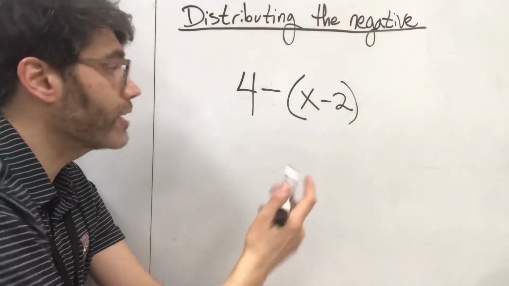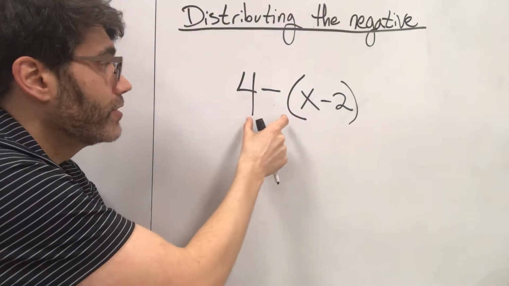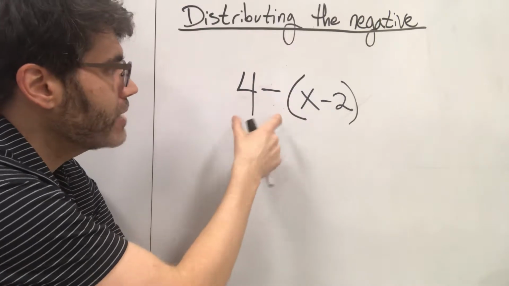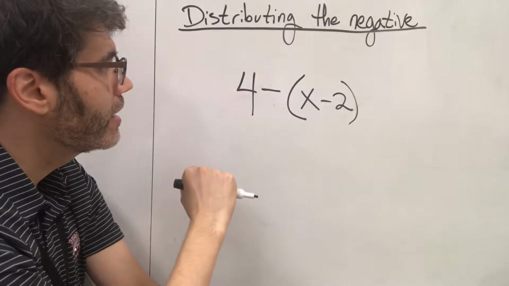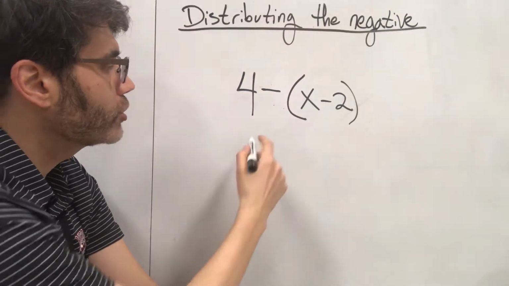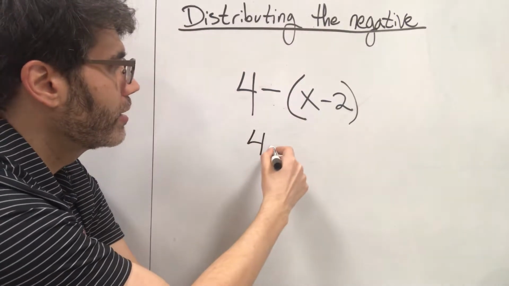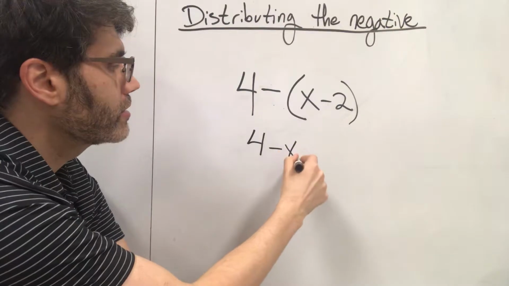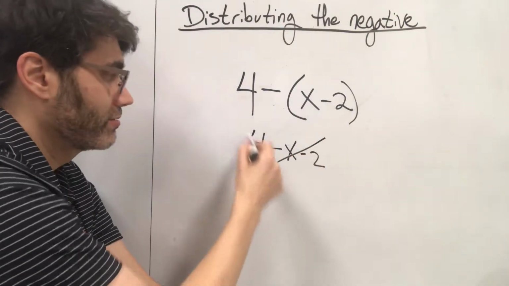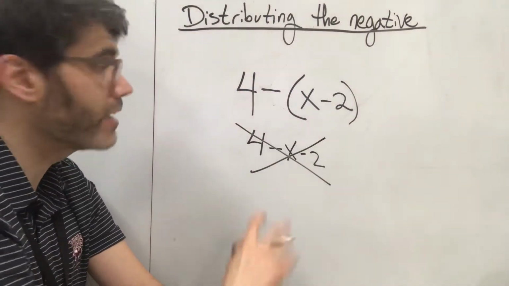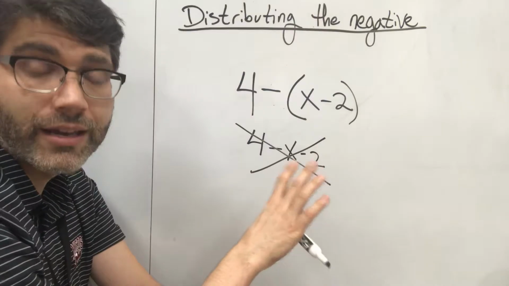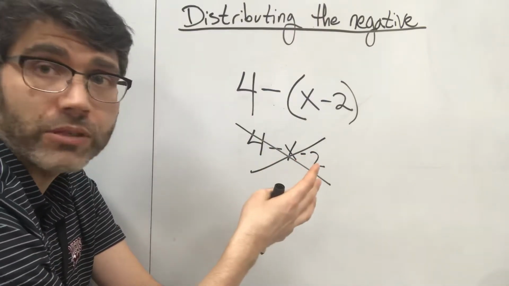Now you're saying, oh, okay, well, there's nothing on the outside to tempt me to distribute, so what I'll try to do is just 4 minus x minus 2. This is wrong. That's not correct because we didn't distribute the negative.